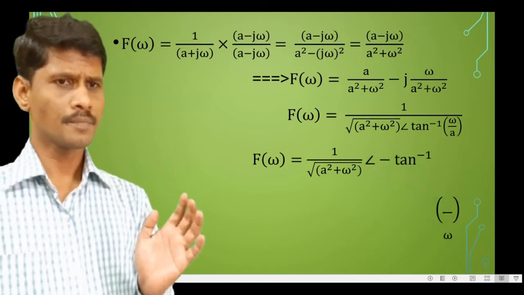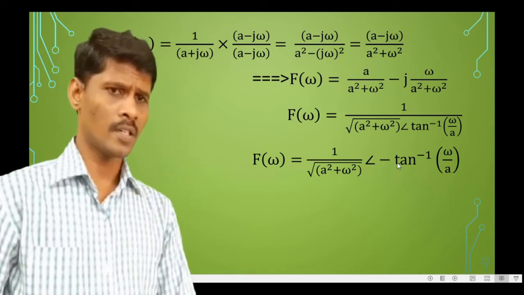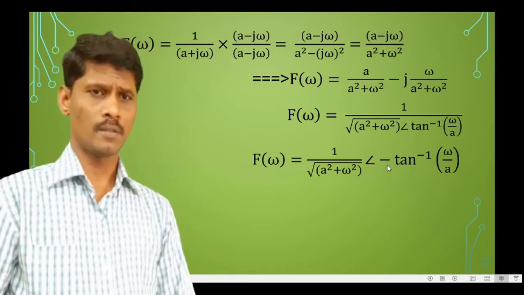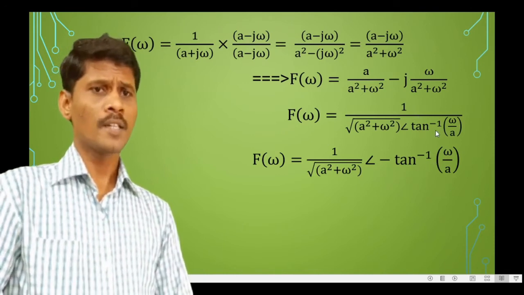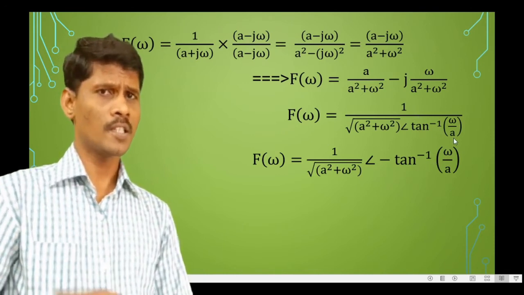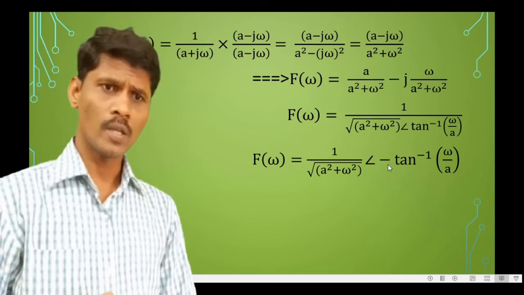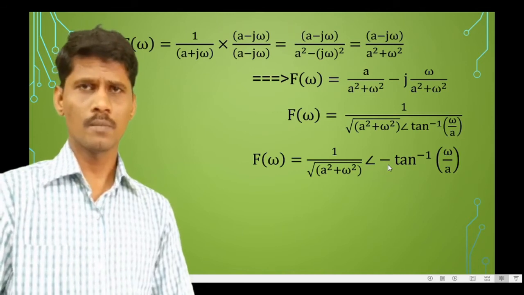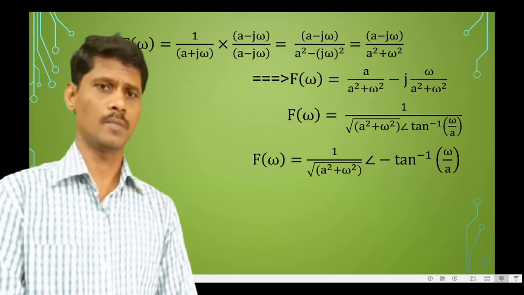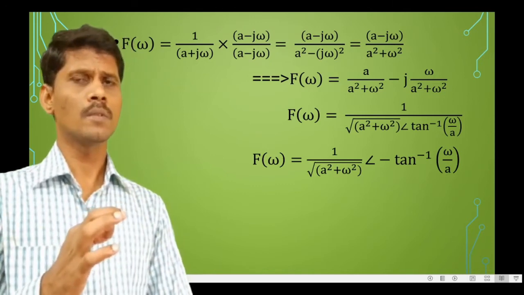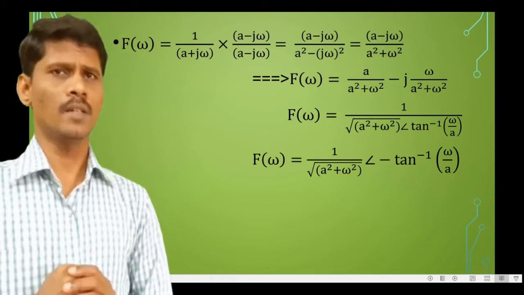Okay. So this denominator phase angle is coming to the numerator. We get a negative sign, so minus tan inverse of omega by a. The denominator phase angle is coming to the numerator, we have a negative sign. Okay, at an angle of minus tan inverse of omega by a. So that is the magnitude and phase angle of the 1 by a plus j omega term.